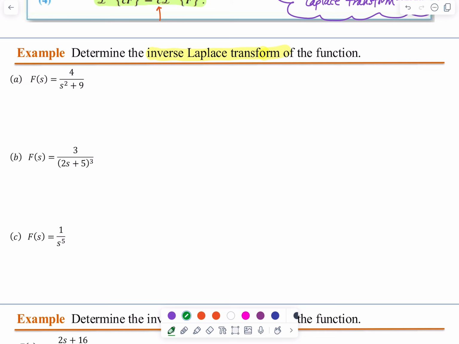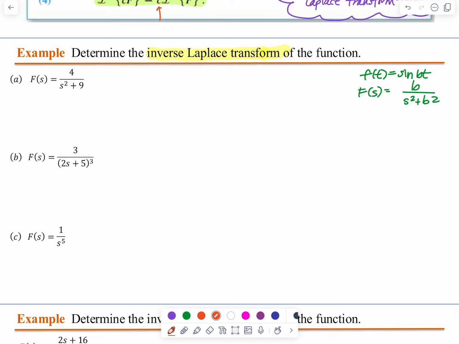We can see that when f of t is equal to the sine of b times t, F of s, which is our Laplace transform, is equal to b divided by s squared plus b squared. So that's from our table. Now with that, let's try to come up with this form.